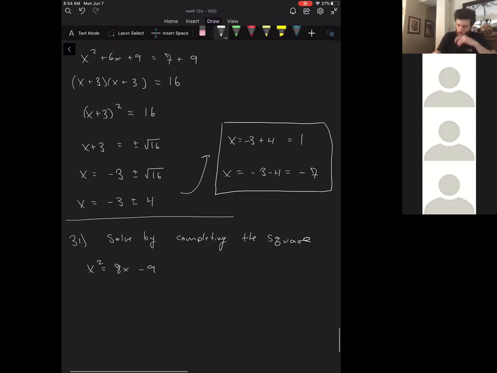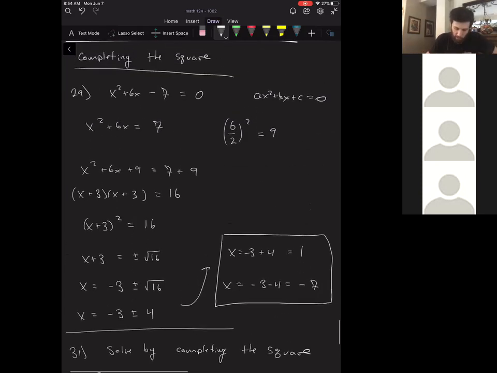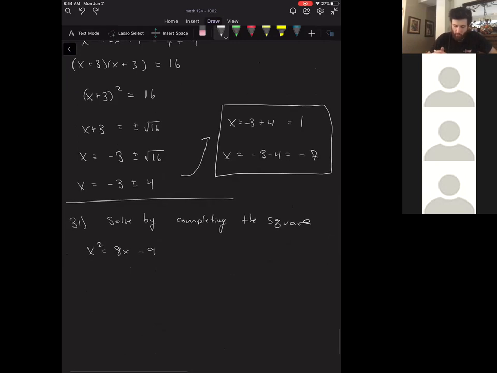So we want to get all the x's on the same side and just that number on the other side. That's kind of like the first step we did up above. We got our x's on one side and then just the number on the other side. So here, let's move that 8x over to the left-hand side. So this is going to be x squared minus 8x is equal to minus 9.